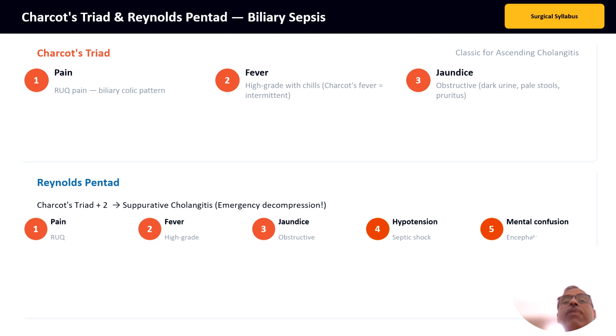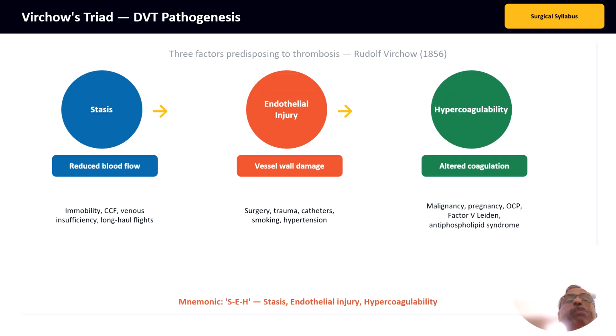So such a patient who already has ascending cholangitis and who exhibits hypotension as well as mental confusion suggests that this patient is slipping into sepsis and septic shock with encephalopathy, and such patients would require emergency surgery. That is the importance of this Reynolds pentad. So emergency decompression or relief of obstruction of the extrahepatic biliary tree should be done as early as possible.